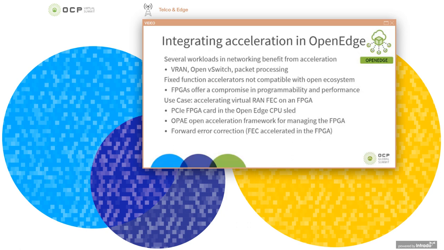In this use case, we look at accelerating virtual RAN forward error correction on an FPGA, putting a PCIe card on the Open Edge server and running the Open Programmable Acceleration Engine driver software framework that will help to manage and use the FPGA accelerators from the software side. Forward error correction IP is then loaded on the FPGA for the vRAN use case.